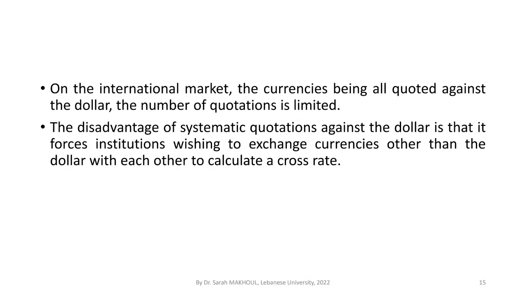The number of quotations is limited, but you need to know that the exchange market, even though it is an over-the-counter market, is very important in the quantity of transactions done on it. The disadvantage of this systematic quotation against the dollar is the forced situation when you exchange currencies other than the dollar, in which case you have to calculate a cross rate.